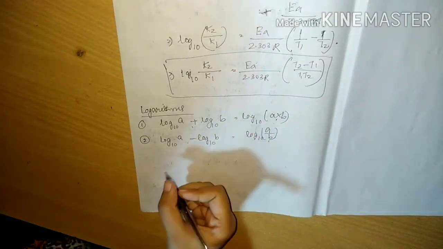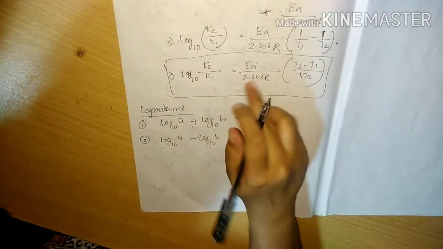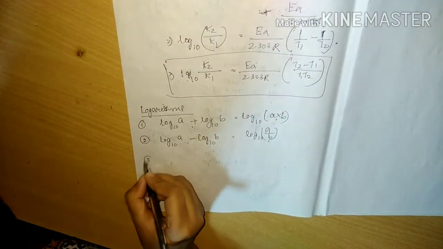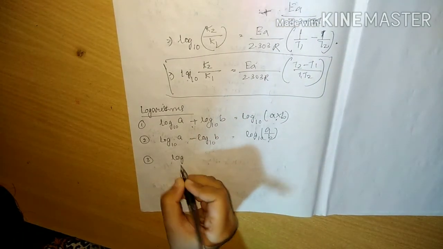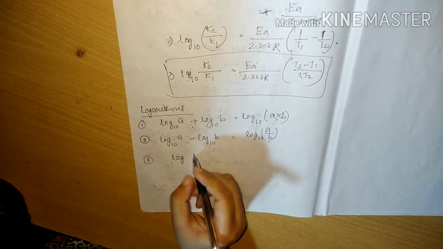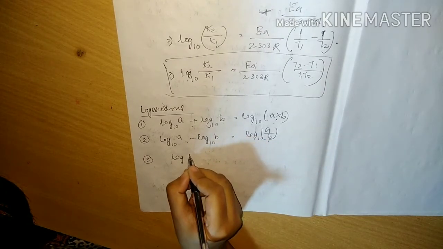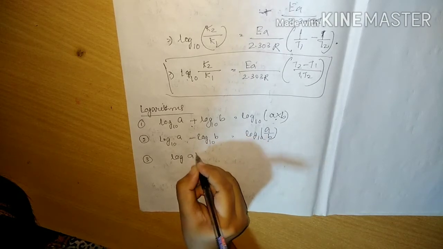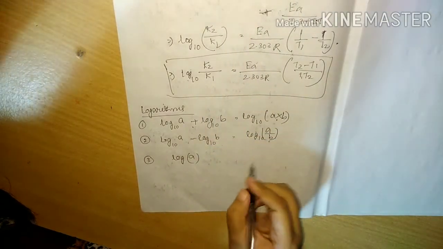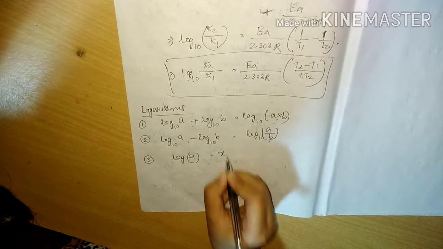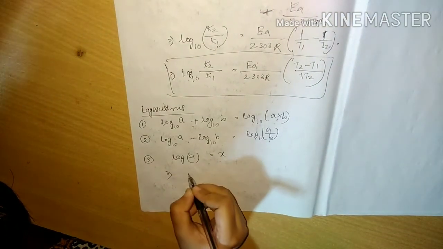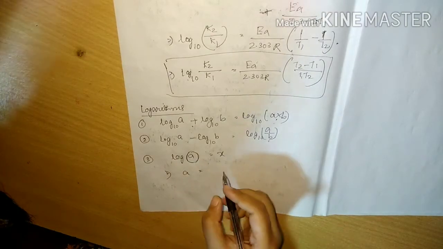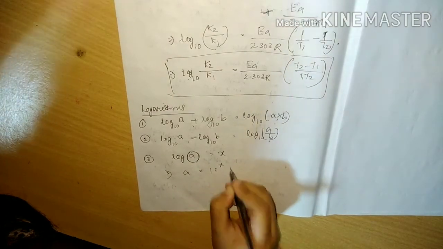And one thing, in log, suppose we have to find out K2 by K1, we will use this. Suppose I need to find out the value of A when log A is given, say x. So from here I can write A equals 10 to the power x.